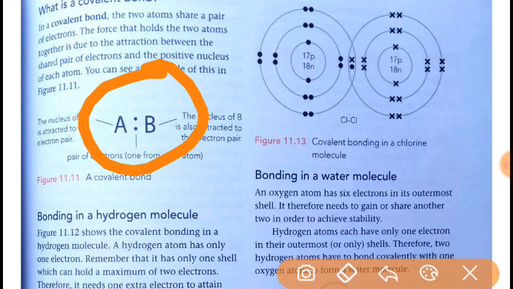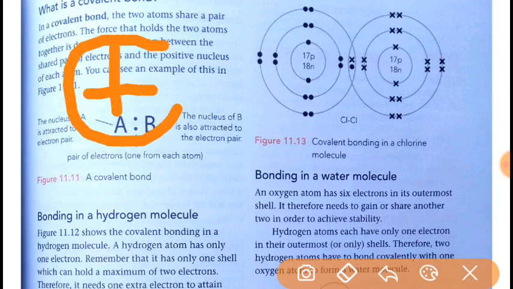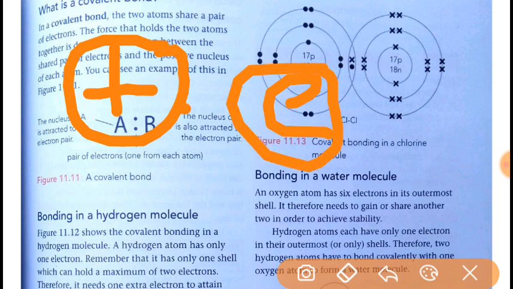So now the force of attraction between the nucleus of A and the electron in the bond, and the force of attraction between the nucleus of B and the electrons in the bond, causes A and B to become united together. Remember that negative electrons and positive protons attract each other. So the nucleus has a positive charge whilst electrons have a negative charge.